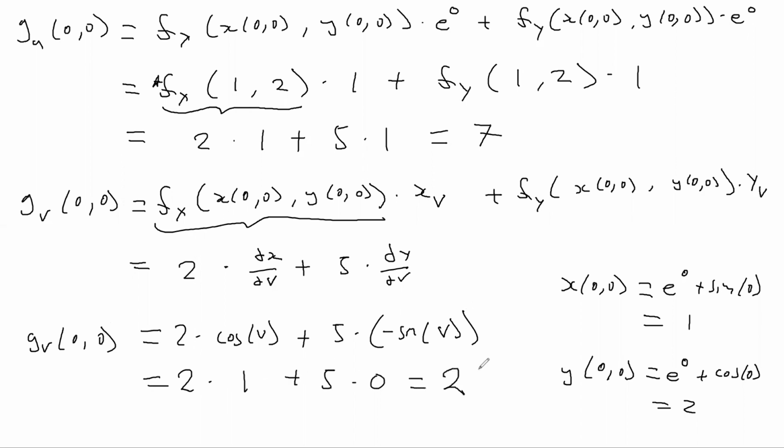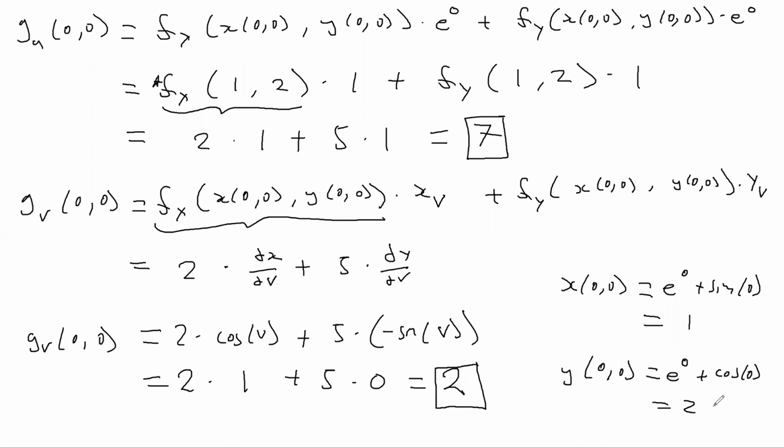So g sub v at the point (0, 0) is going to yield a 2, while g sub u of (0, 0) is going to yield a 7. All right, so that's number 15.